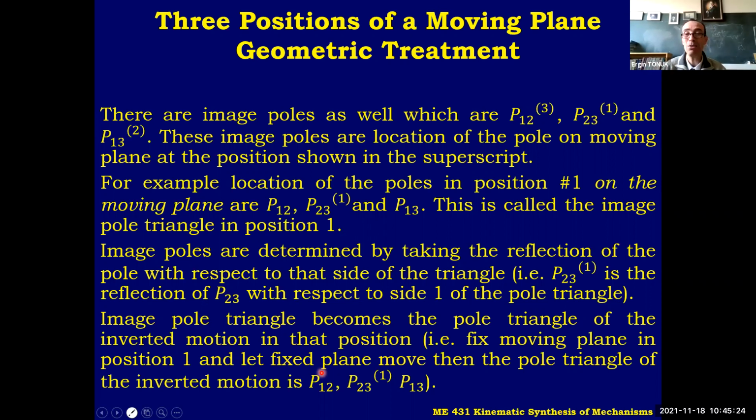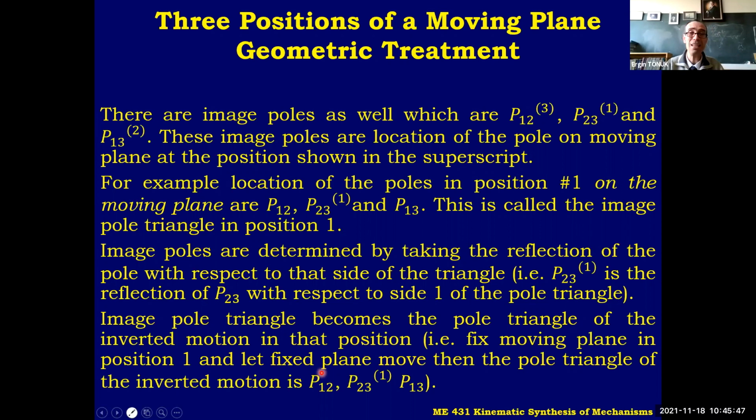And of course, this is going to give us a very powerful tool. For example, you would like to determine the fixed pivot. Well, the location of it is not even on a line. It's fixed when you select the moving pivot. But when you invert the motion, the fixed and moving pivots will exchange their roles.